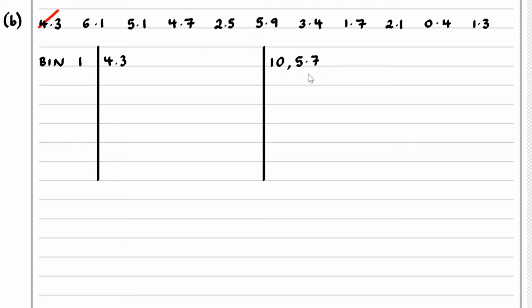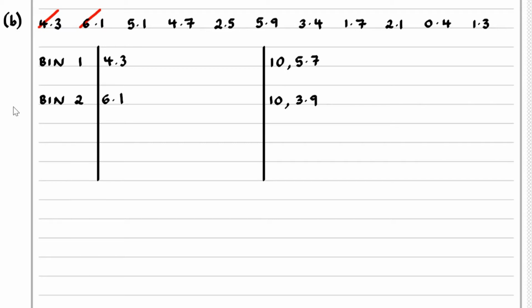Well, currently there is not enough space to put the 6.1 into bin 1, and so we open up a new bin and place this 6.1 into it. So when we open up a new bin, we have space 10, and now that we've placed the 6.1 into it, the space left over will be 10 subtract 6.1, which is 3.9. Let's cross off the 6.1, indicating we've used it.